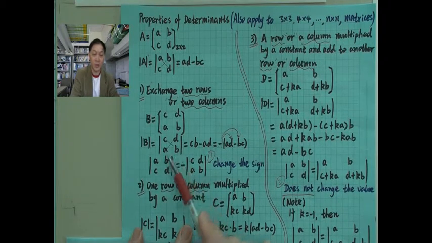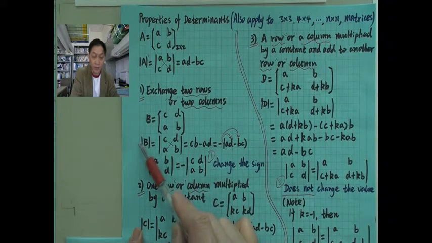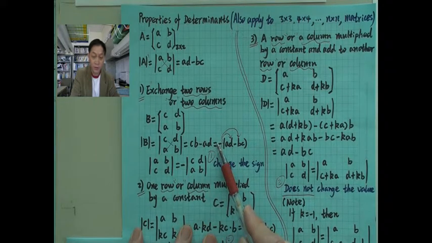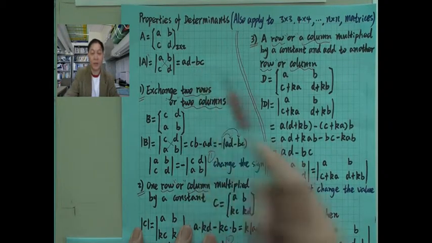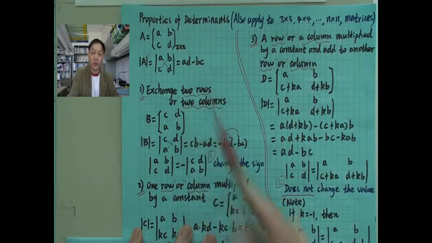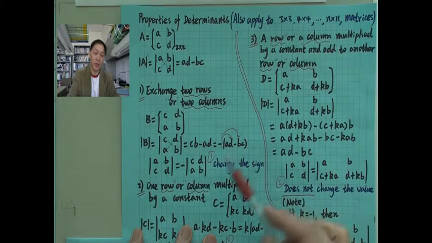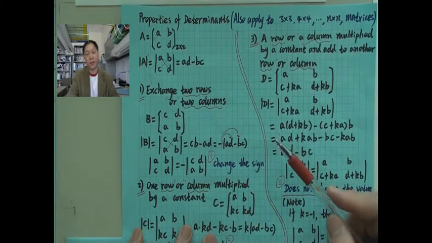You put another negative in front of this, then negative, negative becomes positive. So here it says that exchange two rows, change the sign. That's it. Nothing else happened, but the sign has to be different.